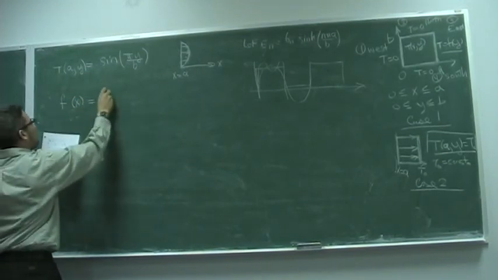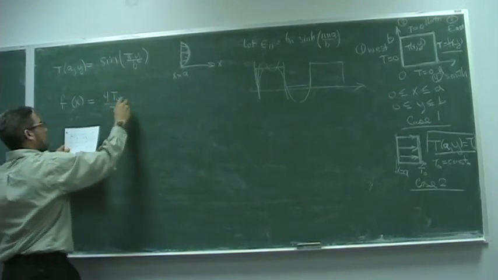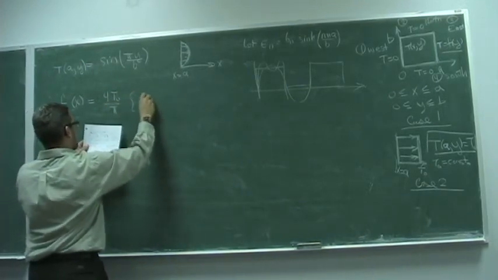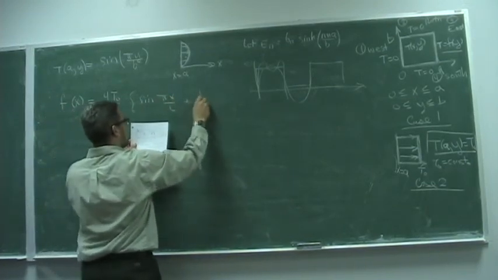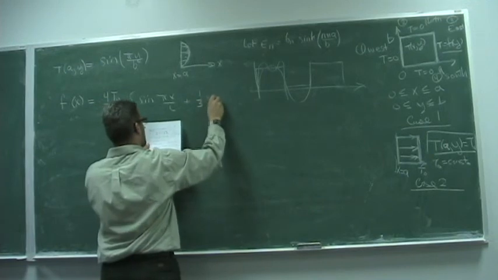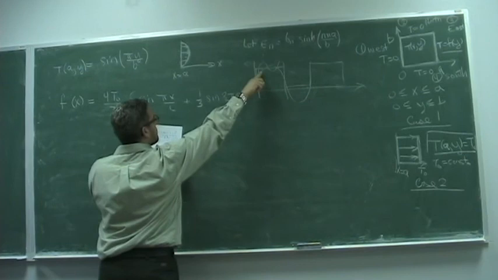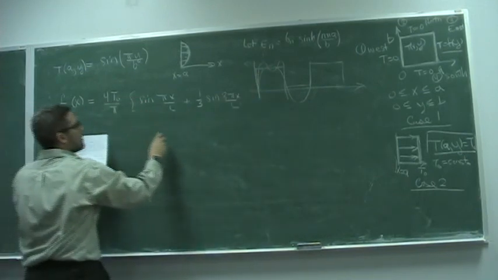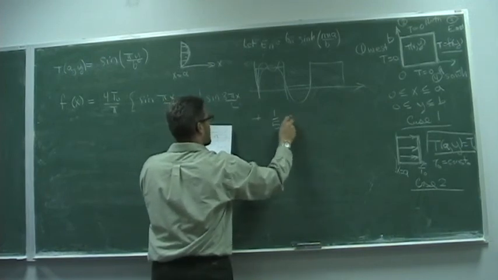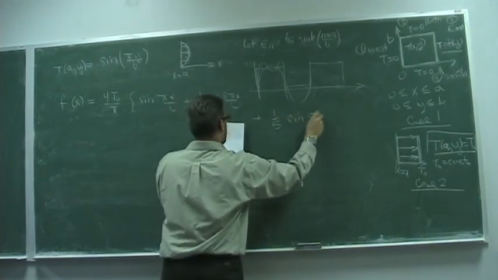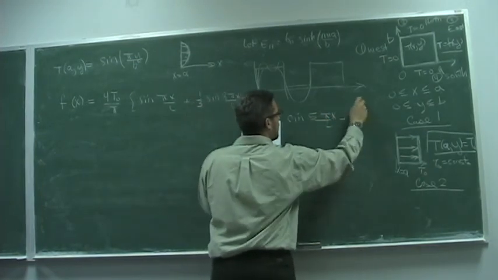So if we look at this Fourier series, 4t0 over pi times sine pi x over L plus 1/3 sine 3 pi x over L, so now I'm putting in these terms, then plus 1/5 sine 5 pi x over L, plus on into infinity.